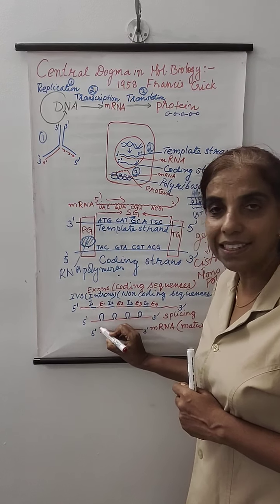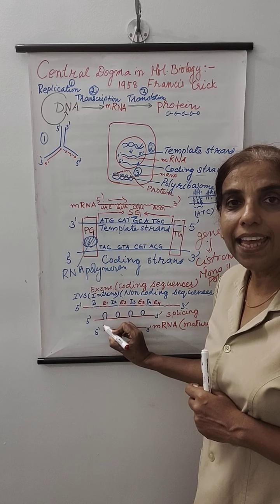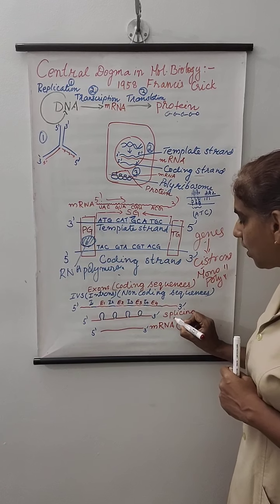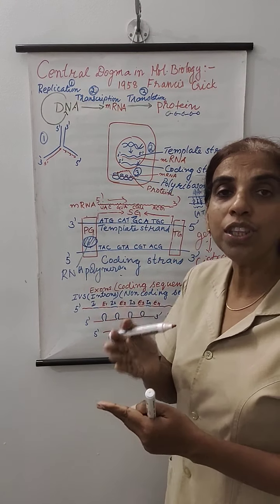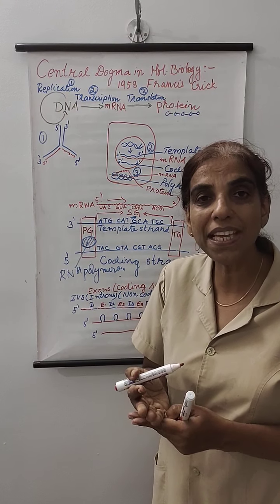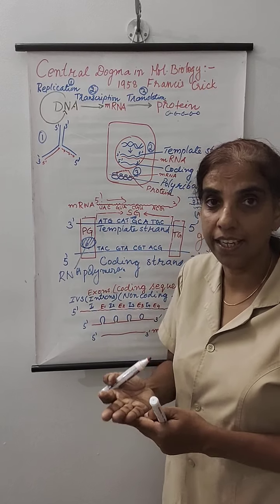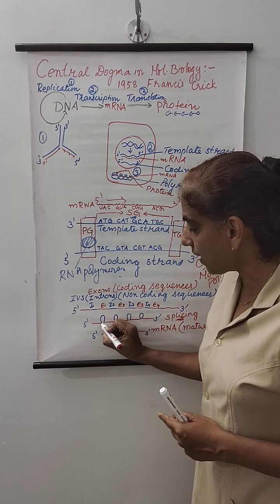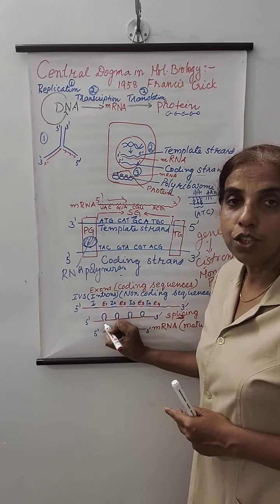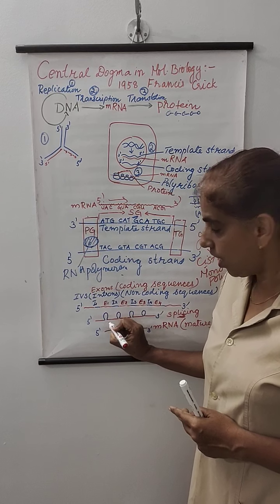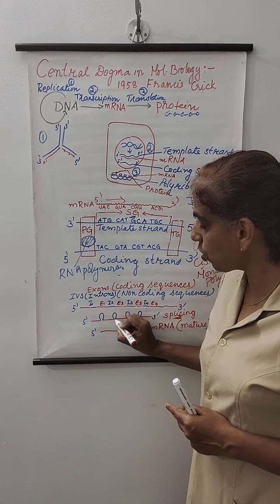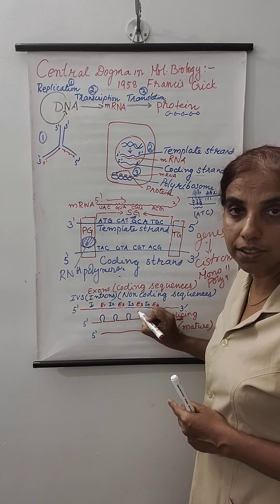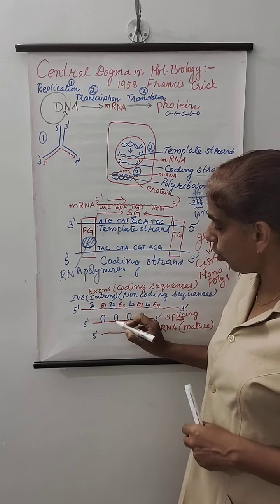For this cutting, there is again a procedure. You call this procedure RNA splicing. You know the word splicing. Splicing means slicing or cutting. When you are cutting, small cuts are formed, and because of this, all the introns make small curved loops.